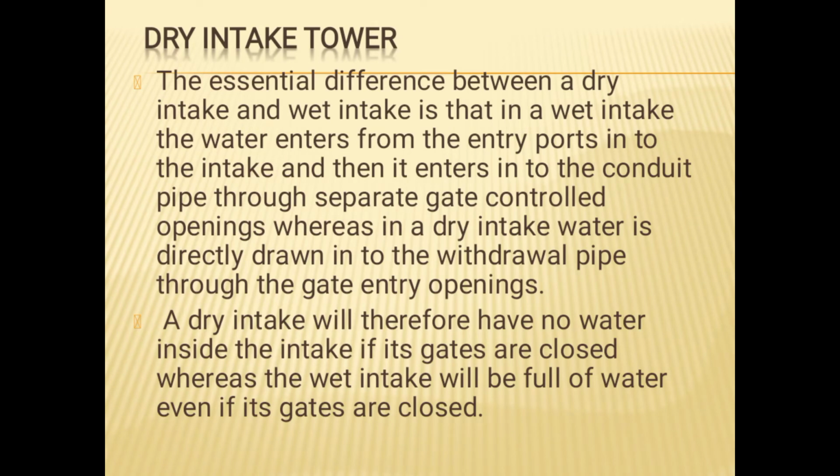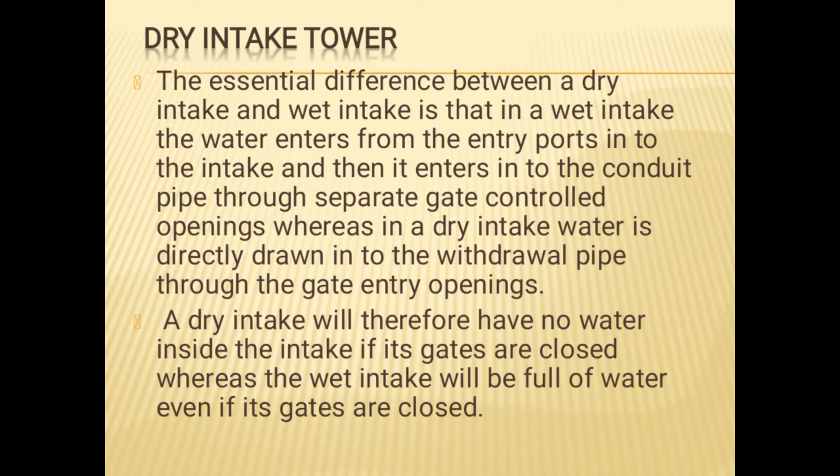Then dry intake towers. The essential difference between a dry intake and a wet intake is that in a wet intake, the water enters from the entry ports into the intake and then enters the conduit pipe through a separate gate-controlled opening. Whereas in a dry intake, water is directly drawn into the withdrawal pipe through the gate entry openings.